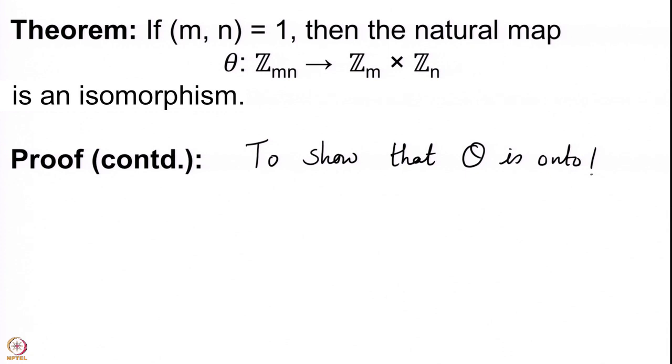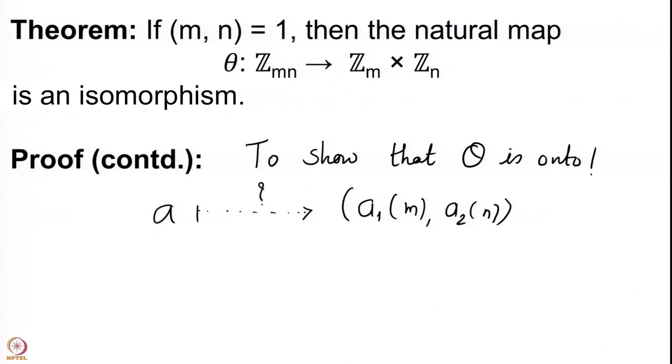This is done by showing that whenever I start with any A1 modulo m and any A2 modulo n, there is some element A modulo mn which maps to this particular element. Does there exist such an element A? But this is precisely the Chinese remainder theorem.